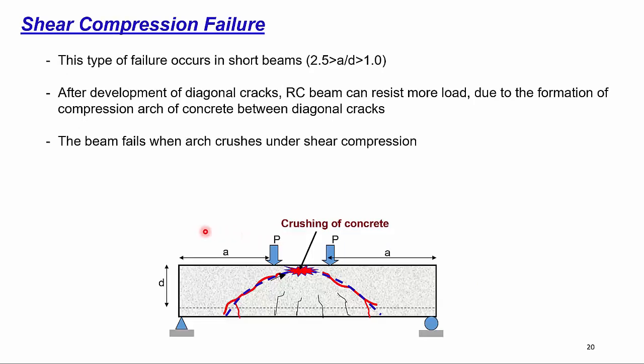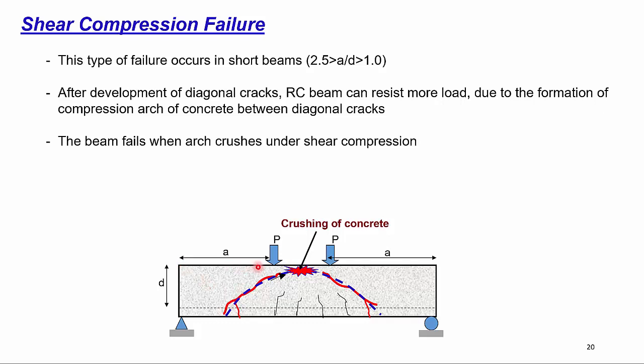The second type of failure is called a shear compression failure. This kind of shear failure occurs in relatively shorter beams where a over d, the shear span over effective depth ratio, is between 2.5 and 1.0. In this kind of failure as well, the diagonal cracks will first form. They will try to extend to the compression side.